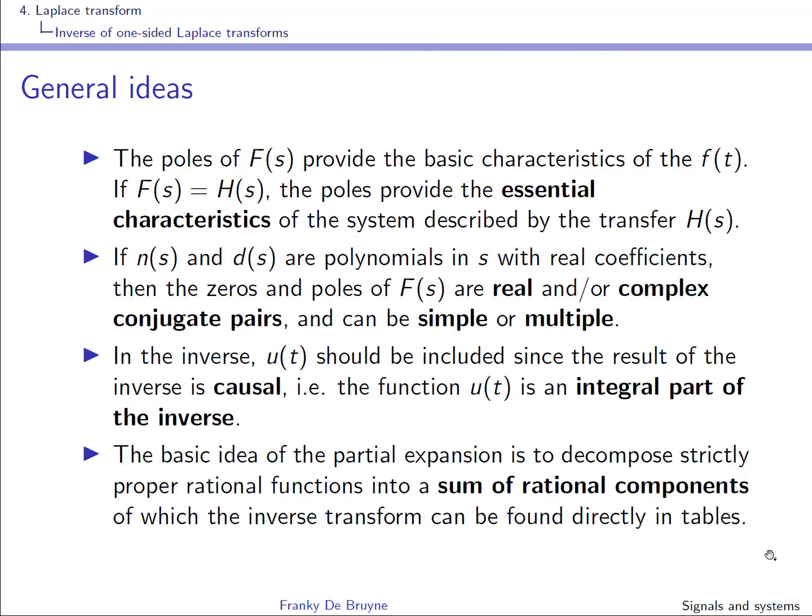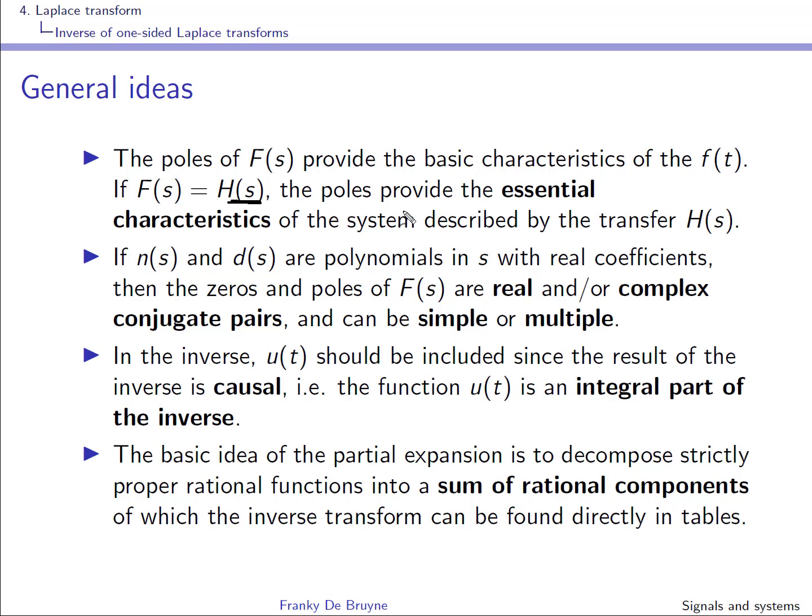So here are the general ideas. The poles of F(s) provide the characteristics of f(t), and more in particular, if F(s) is the transfer function, the poles are the essential characteristics of the system, and we've seen this before.